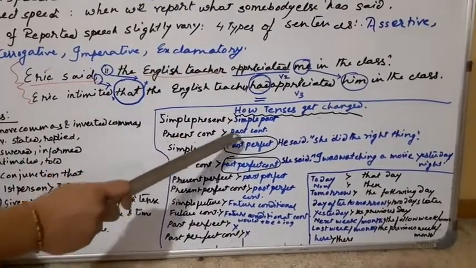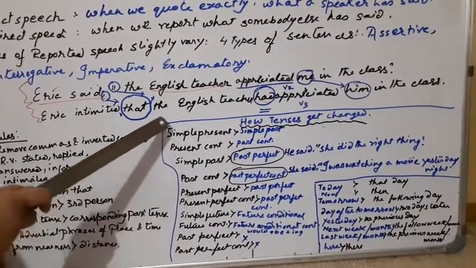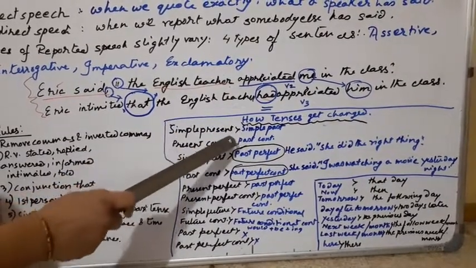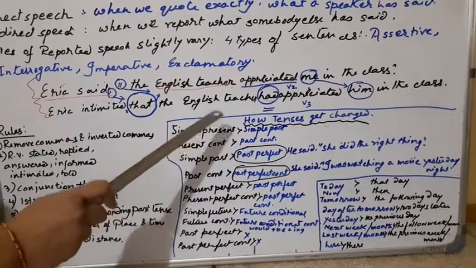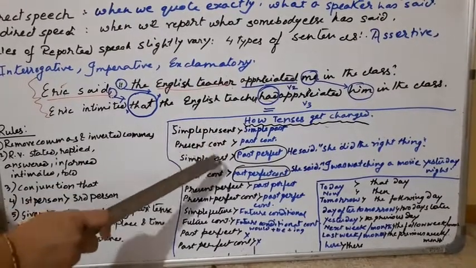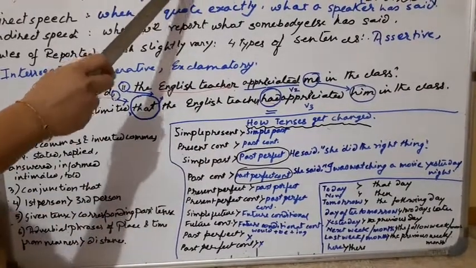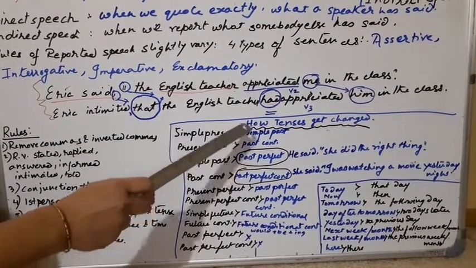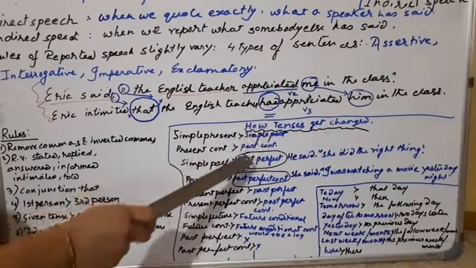Now the next, I like to discuss about tenses, because you need to have a very good conception regarding tenses. Otherwise, you will find it more difficult, obviously, to go for reported speech, right? So it will be cumbersome for you if you don't understand the concept of tenses.